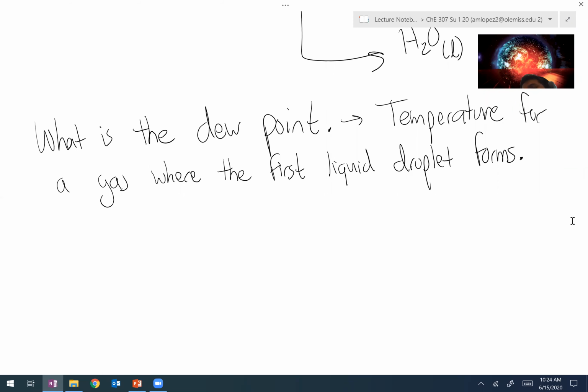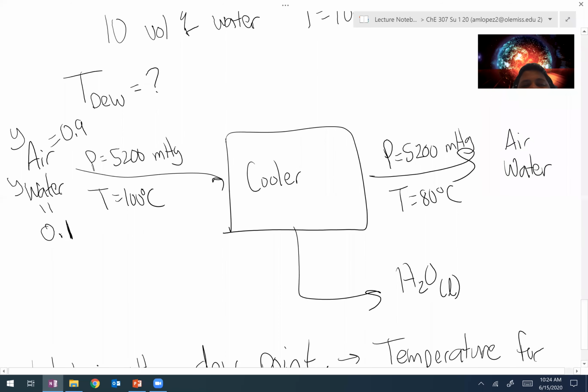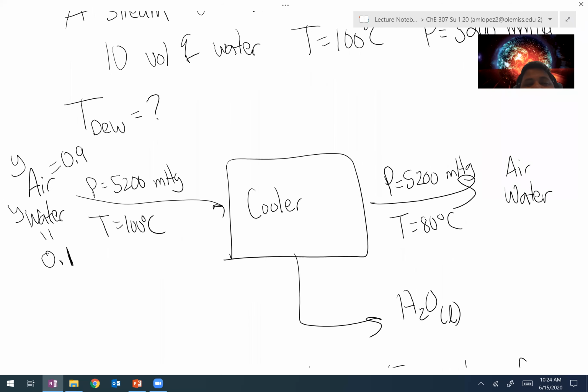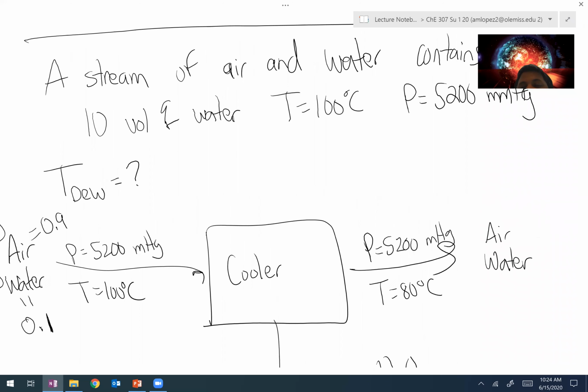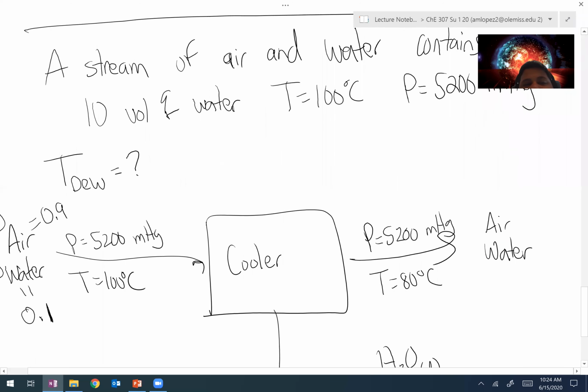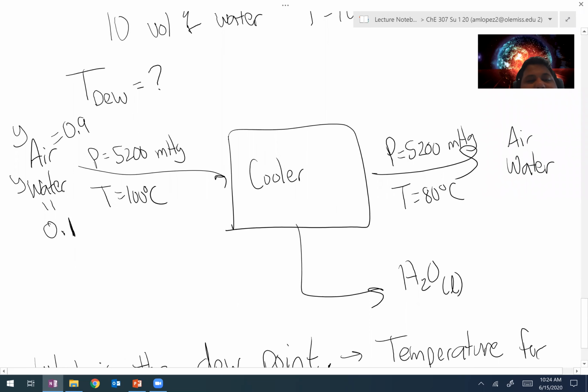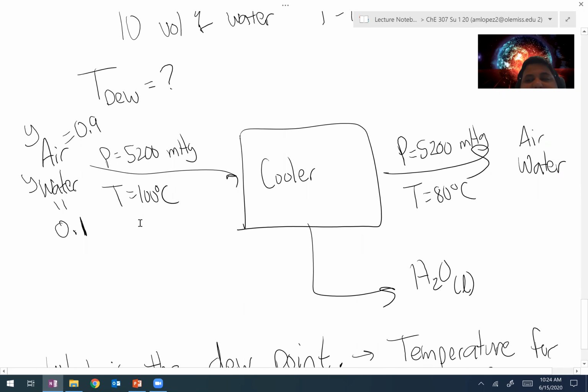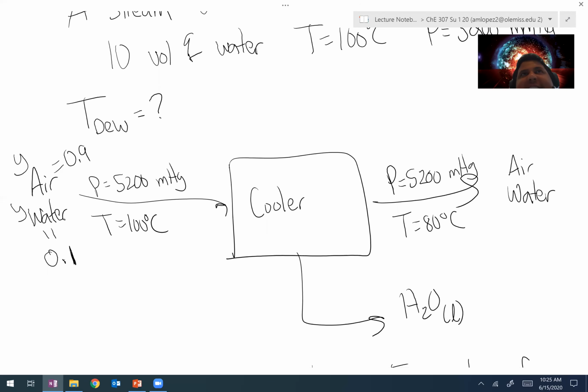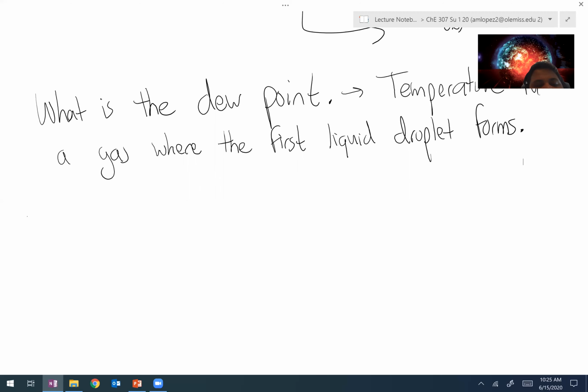It's a little tricky. So in order for me to describe it, we know that the temperature coming in is 100 degrees C and 5,200 millimeters of mercury. And I'm asking to find the dew point, which probably tells me that this system currently isn't at the dew point. And so that indicates that at some point, the temperature needs to fall below 100 degrees Celsius to reach the dew point. And if the temperature is greater than the dew point, we're looking at what we call a superheated vapor.